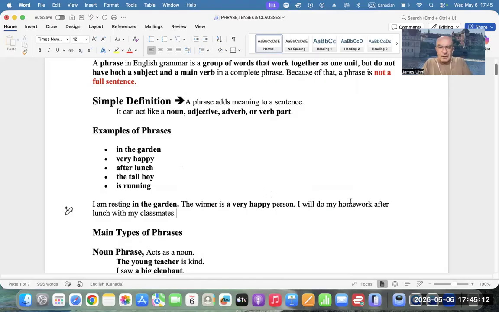So I will do my homework after lunch. Wrong? Here. After lunch. Is that good enough information? What do you think? It can stand on its own, right? So I add with my classmates, which is perfectly normal. So there are additional two examples, and you can work on them by yourself.